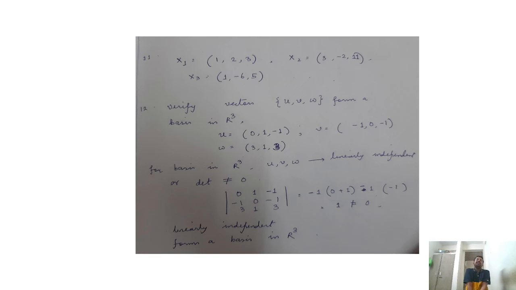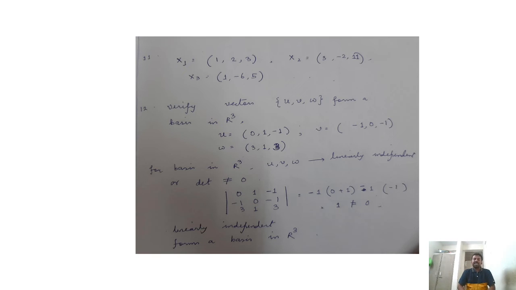Here again I have three vectors, x1, x2 and x3. x1 is again a vector of 1 cross 3 with components 1, 2, 3. X2 is a vector of 1 cross 3 with components 3, minus 2 and 11, and x3 is another vector of 1 cross 3 with elements 1, minus 6 and 5.